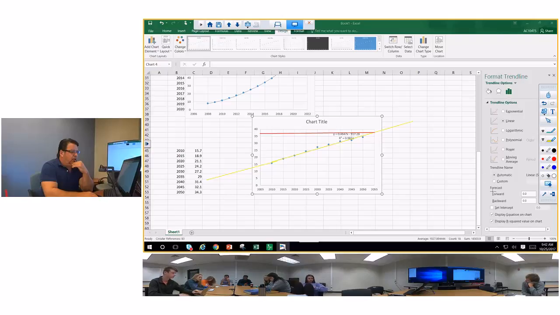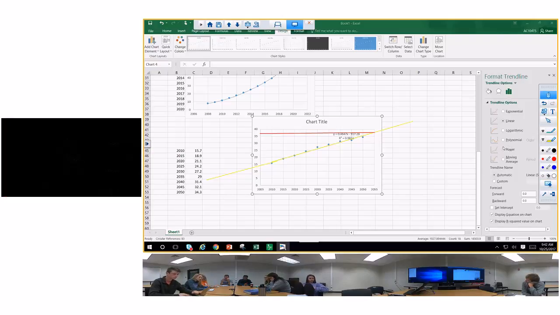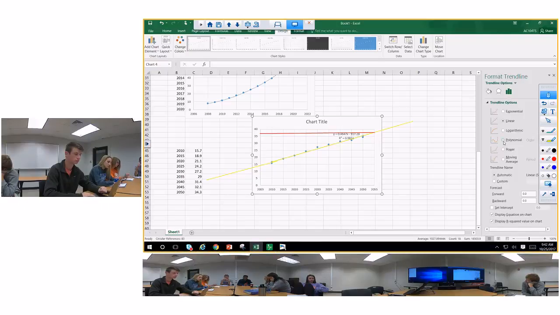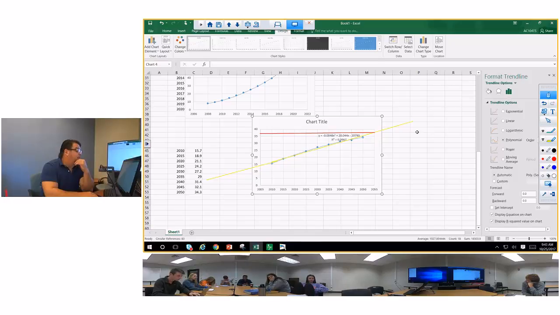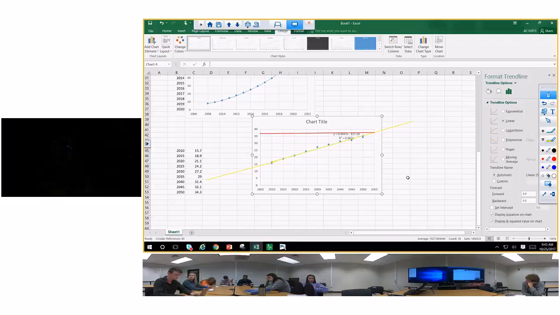Both give us a negative. I still say it's linear, so we'll go with linear. And the R is 0.98, so you do have a correlation there. I'm still trying to figure out why we're getting a negative.